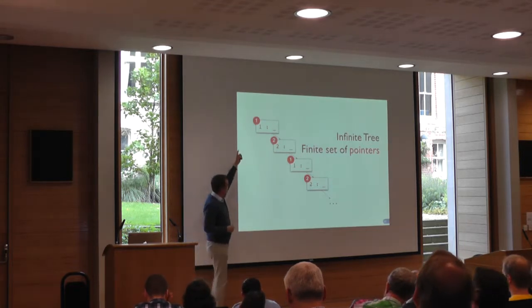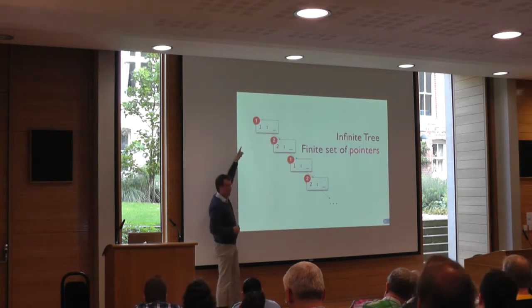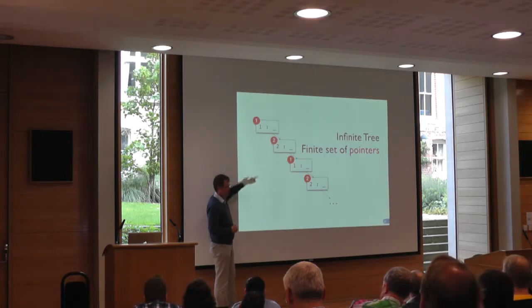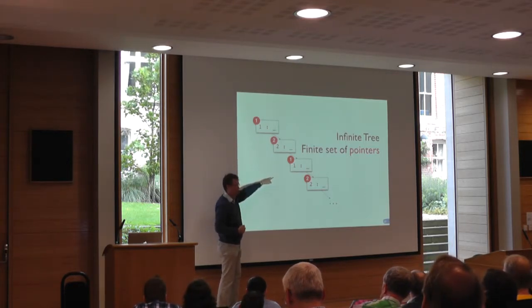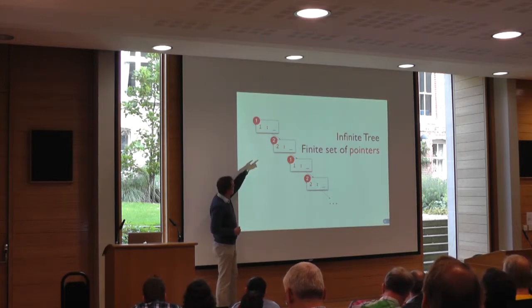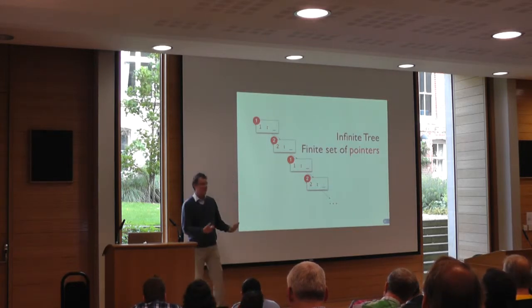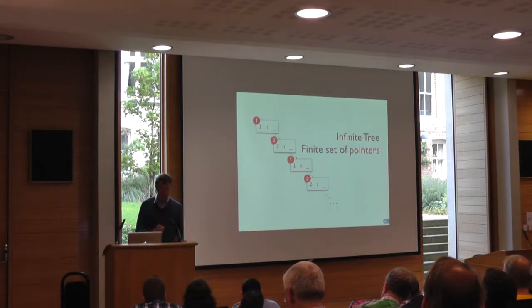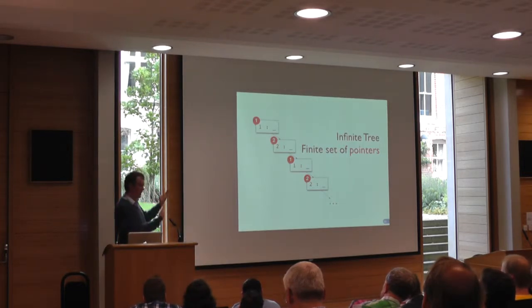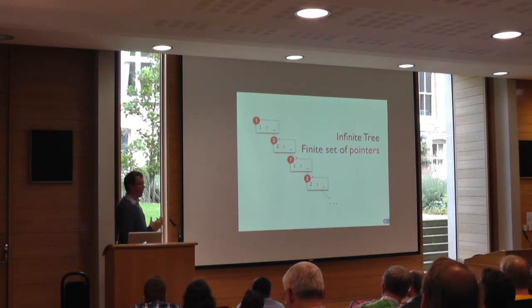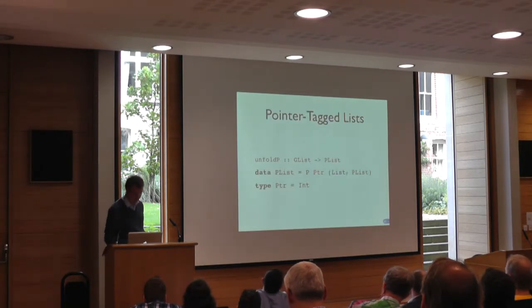So the node 1 occurs again and again, and it gets this tag of 1 to indicate that the first and the third node are basically the same node. The second and the fourth get another tag because they are the same. And we only need 2 tags for this infinite stream here because we only have 2 different nodes in the stream. So the tags are indicating that we have only this finite amount of information.